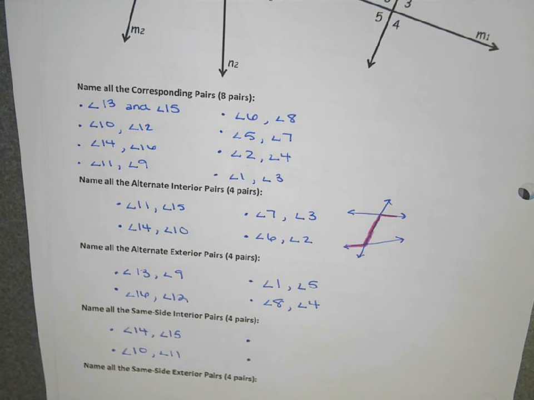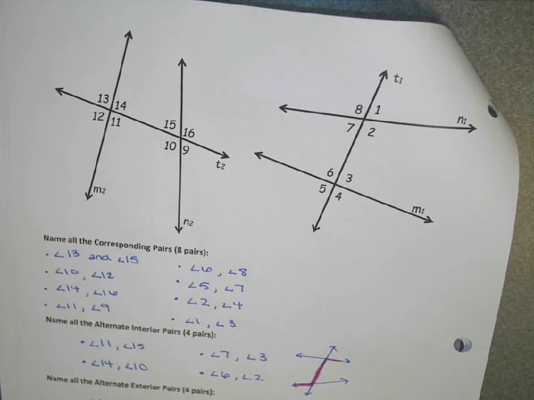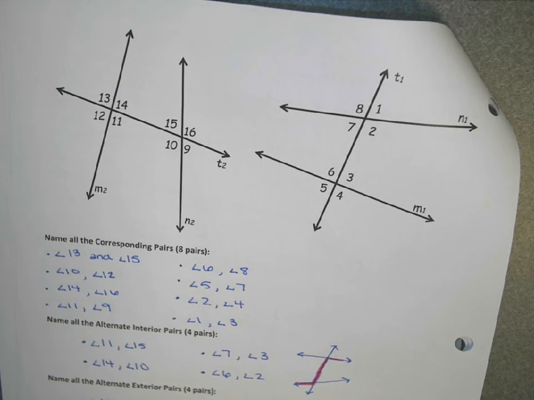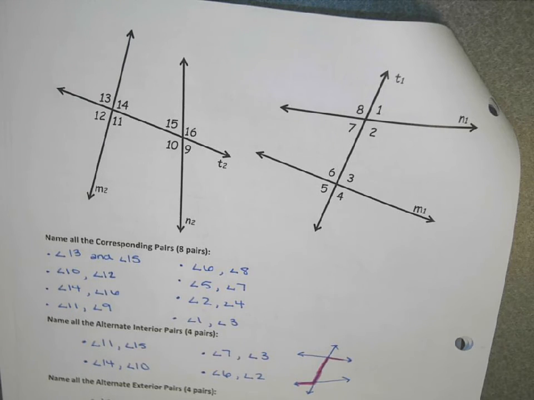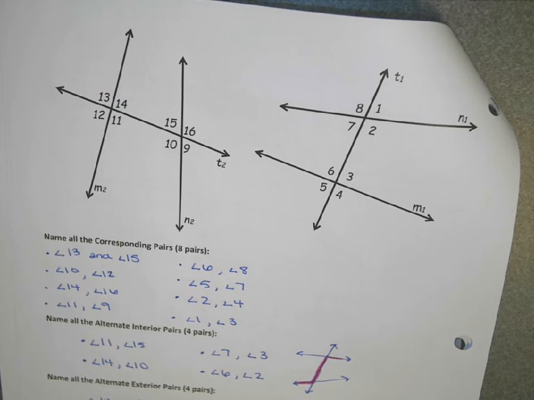We have 2 on that right diagram. What's a pair of same side interior angles there? 7 and 6 will work. And what's the last one there? 2 and 3.